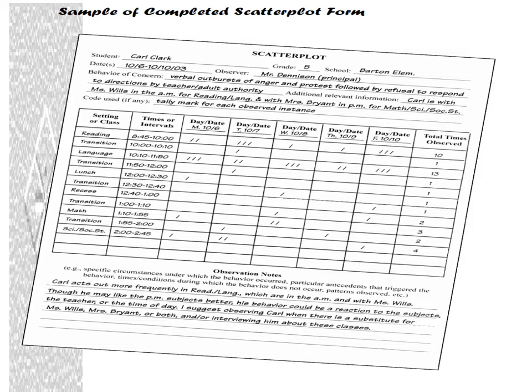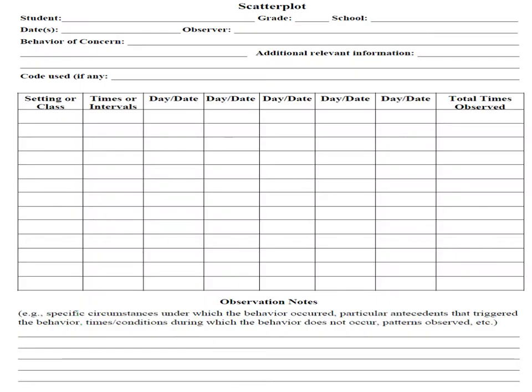And then you have a place for observation notes if somebody wants to take notes for that particular day or time. This is just a blank scatter plot for you to use in case you ever need it. You might actually need it to complete the final assignment for this class.